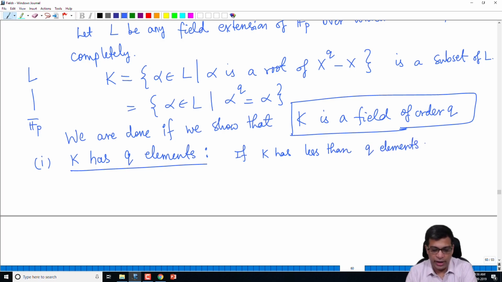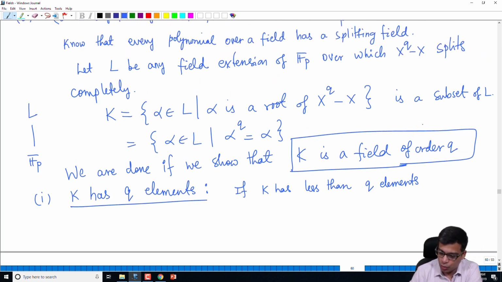So remember K is the collection of roots of x power q minus x. It's an exercise that there are at most q of such elements, but in general it can be less than q. So maybe I will do this as an exercise later. The order of K is less than or equal to q. We know this.